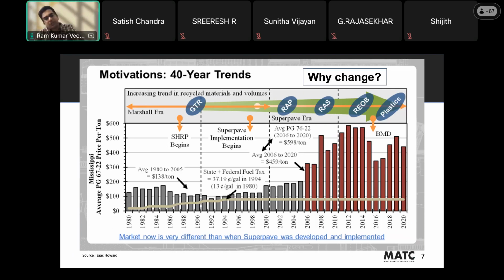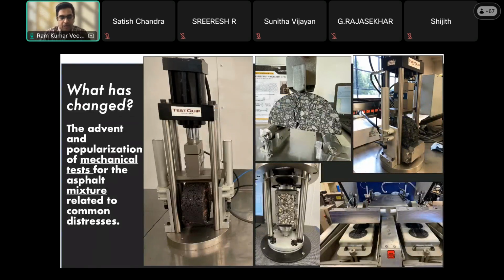One significant development in the asphalt industry is the advent and popularization of mechanical tests for asphalt mixtures. This change has been crucial for us to improve our understanding of these new materials and prediction of the mix performance of these new materials.